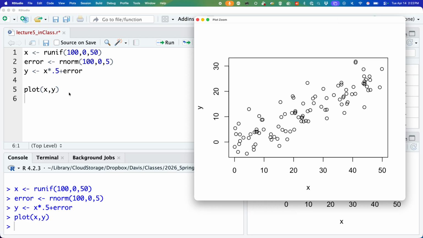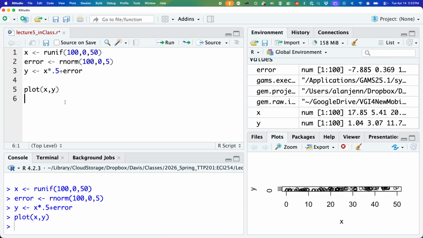And what I'm going to do now is add a single outlier. So to my x, I'm going to append a single data point: x equals 100, and y is going to be 20.